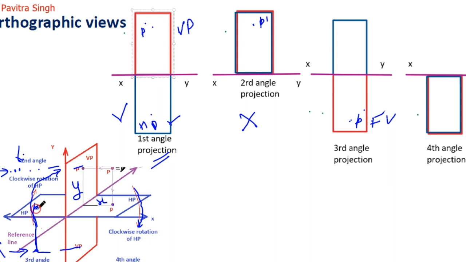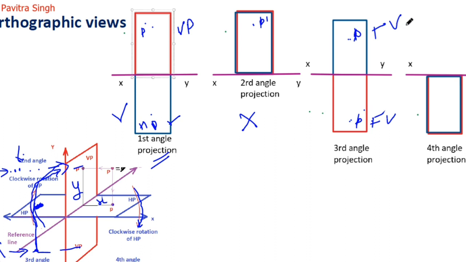Okay, so third angle means any object or point is located below this HP, and behind this vertical plane, means here. Okay, if we see this point from this location from the front, this will be placed here on the vertical plane, but this portion is below the XY line.